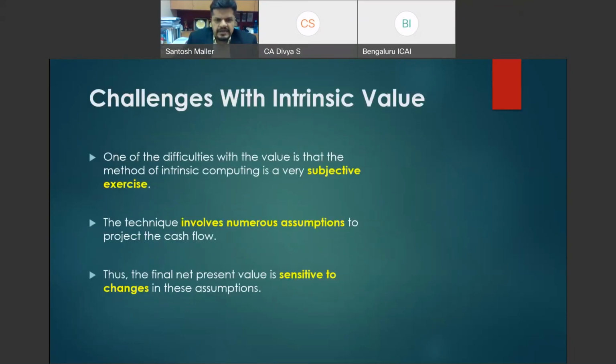One of the difficulties is that intrinsic value computing is a very subjective exercise. The technique involves numerous assumptions to project the cash flow, thus the final net present value is sensitive to changes in these assumptions.